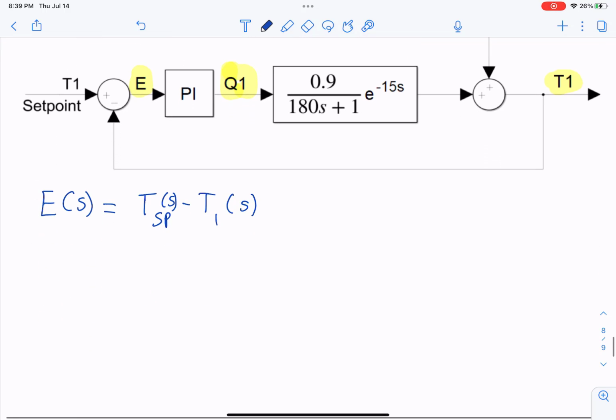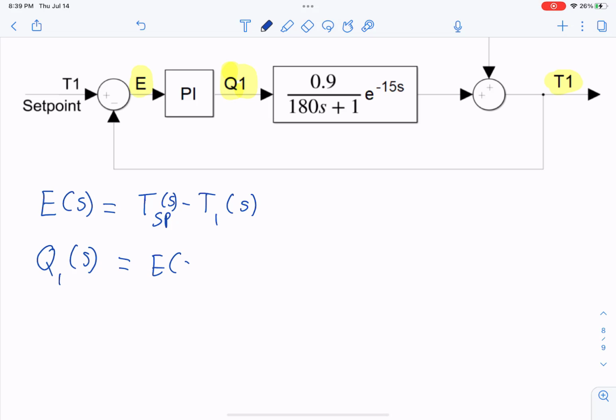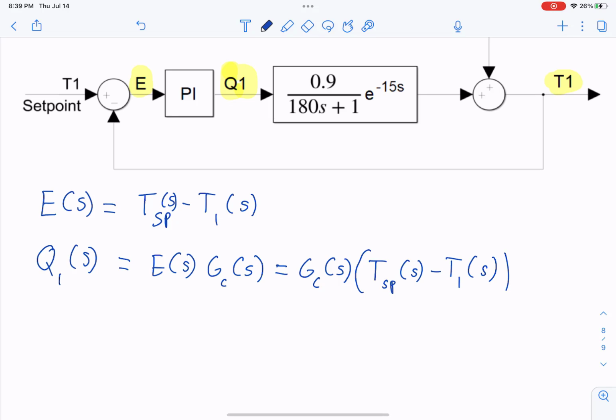Let's move on then. What is Q1 a function of? Well, the way I first think about it is what we were talking about before. That's going to be E(s) times the gain of the controller, Gc(s). Well, we can take that a step further and also say Gc(s) times, expanding from up top, T set point(s) minus T1(s).